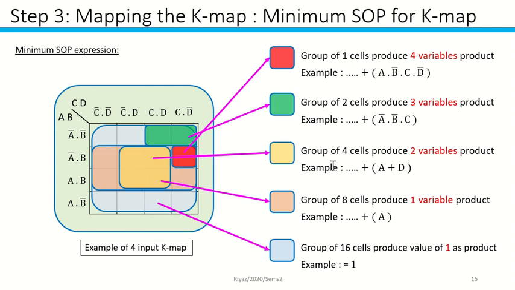So the third one, a group of 4 cells. You have 1, 2, 3, 4. For this one, you are only able to have 2 variables.